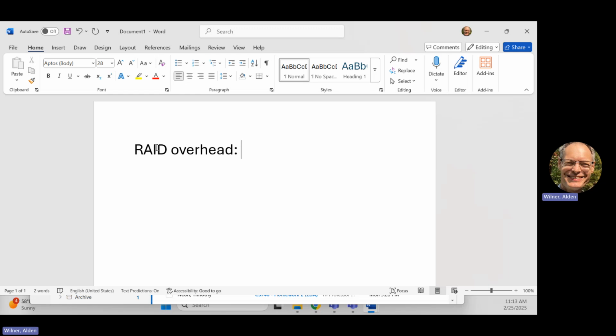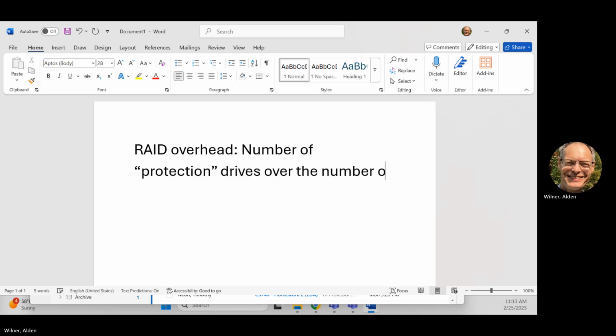If you have notes from previous students from previous semesters, I didn't have this same formula because at NetApp Corporation, the way we wrote the formula was the total number of drives over the number of data drives.